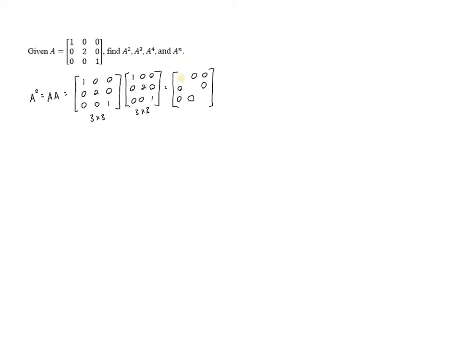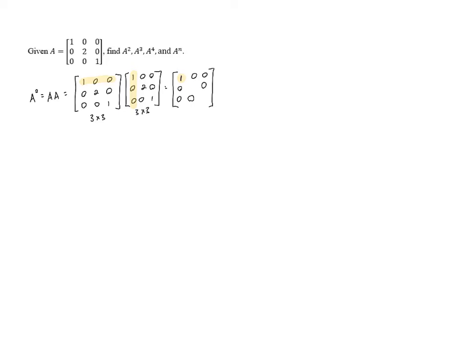So for the first entry, we need to take the inner product of the first row and the first column. When we do that, we've got 1 times 1 plus 0 times 0 plus 0 times 0. And 1 times 1 is 1, and the other terms are 0, so we're just left with 1.